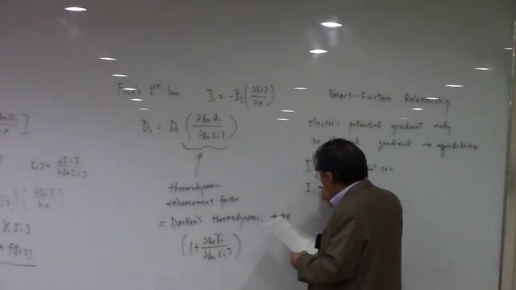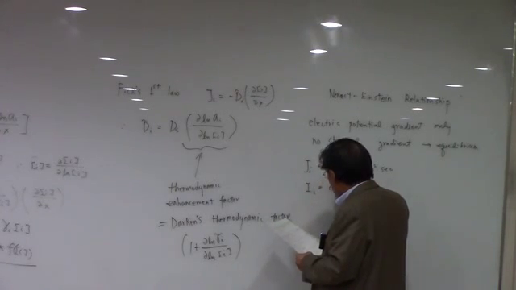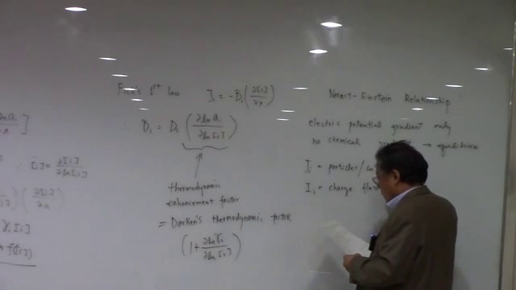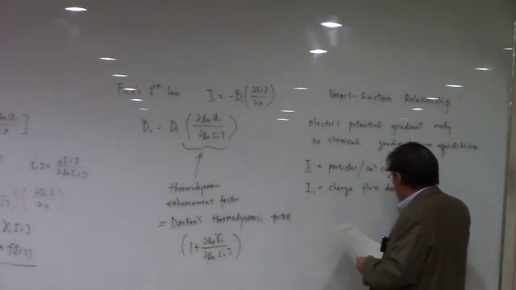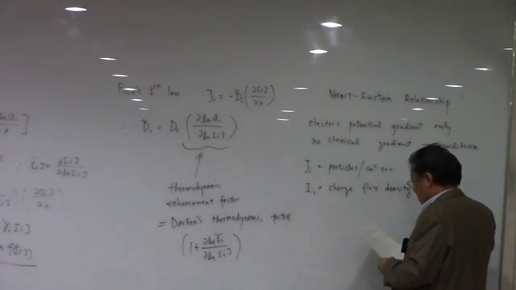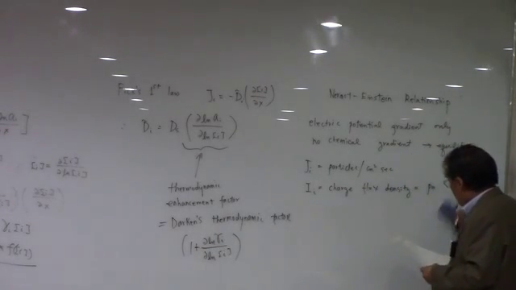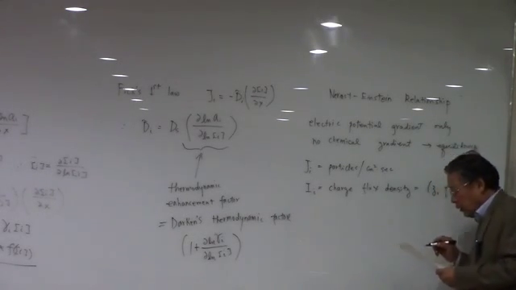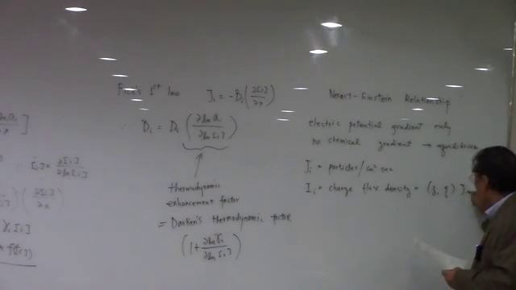And now the current density, the charge flux density, is nothing but the particle flux Ji times qi, the charge each particle carries.